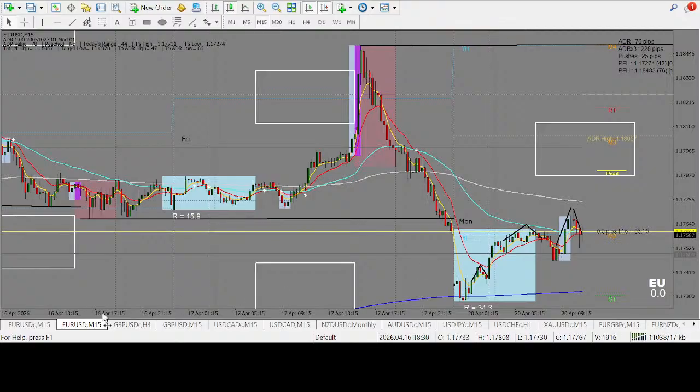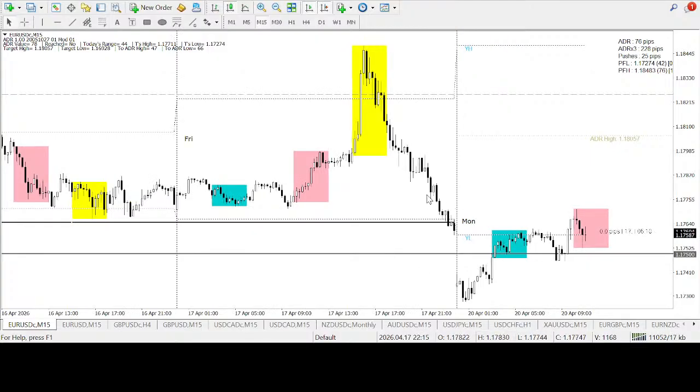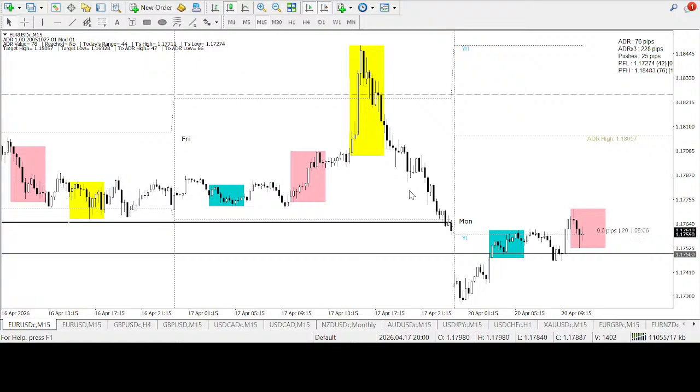So let me just look at this movement in this other template. In this template, what I have done is that I have removed all the noise. I have only remained with the session times, and in the session times, I have only highlighted the 12 candle window, the 3 hours during market open in each session.